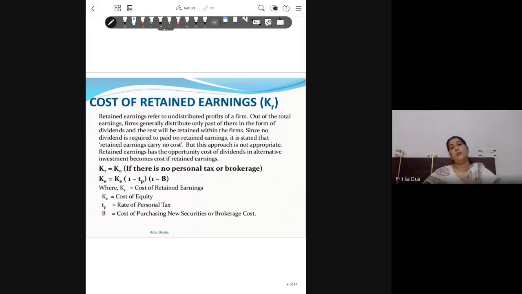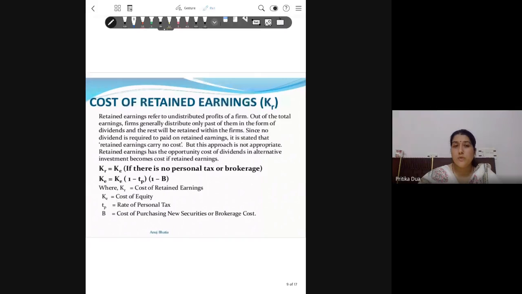Okay, so from the theory point of view, a question is generally repeated that retained earnings of the company do not carry any cost, or this is a free source of finance for the company.